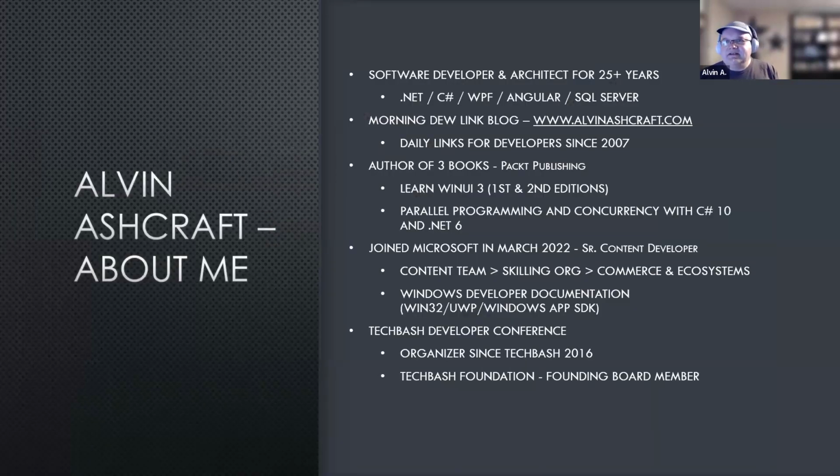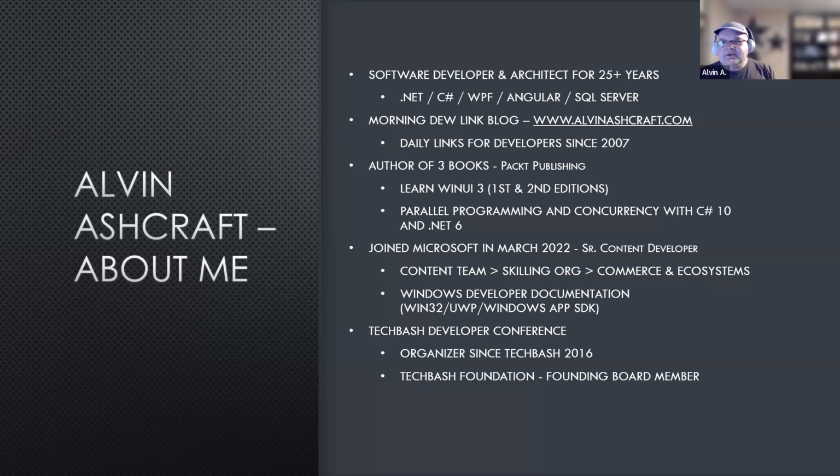Let's start off with a little bit about me. I was a software developer and architect for 25 plus years, working with .NET, C#, WPF, a little bit of Angular, and database stuff was mostly SQL Server on projects I've worked on. Some of you may be familiar with my blog, alvinashcraft.com. I have daily link posts every day for .NET developers, different resources that I go through and post on my blog every morning.